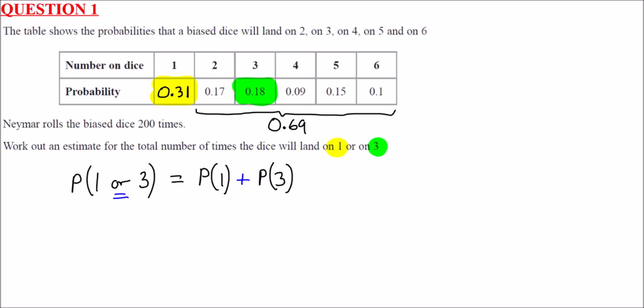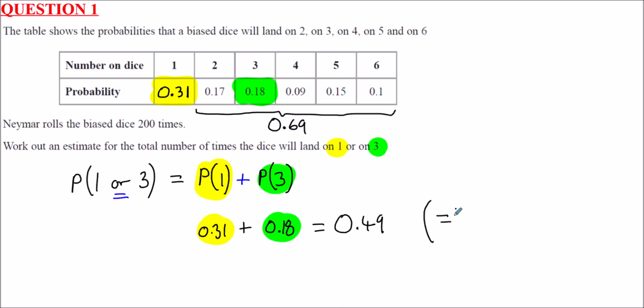The probability it lands on a 1 we have here is 0.31, plus the probability it lands on a 3, which is 0.18. So the total overall probability of landing on a 1 or a 3 is 0.31 plus 0.18, which gives 0.49. Think of that as being 49%. So it'll land on a 1 or 3 49% of the time.